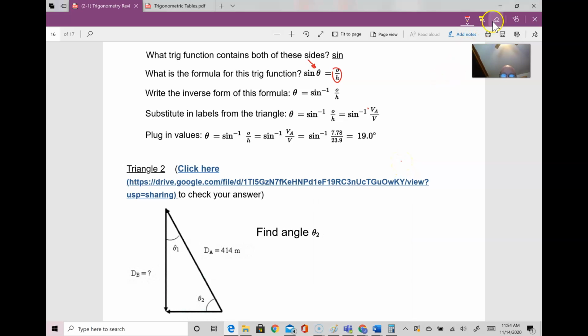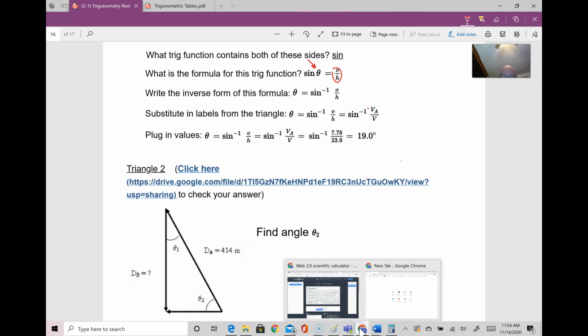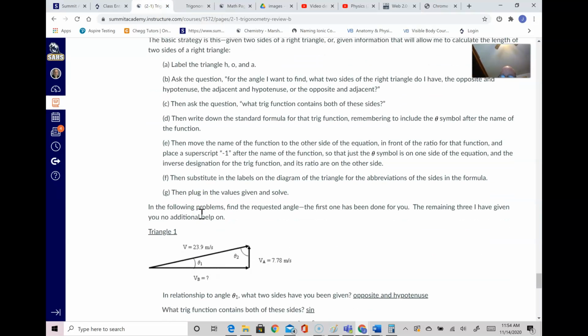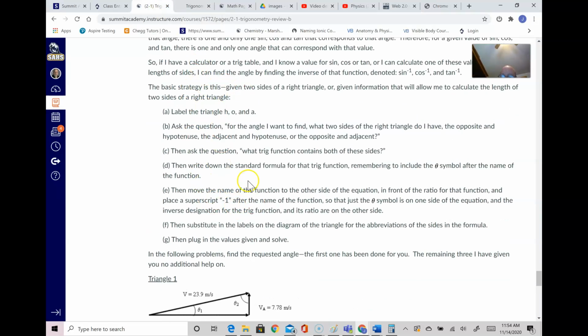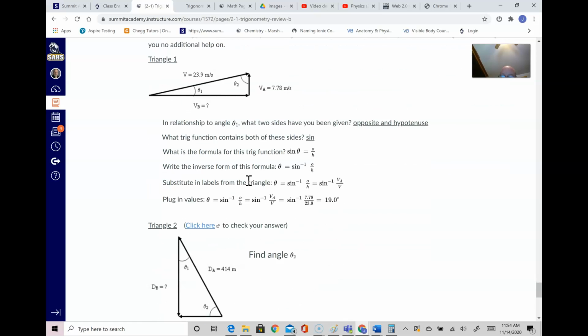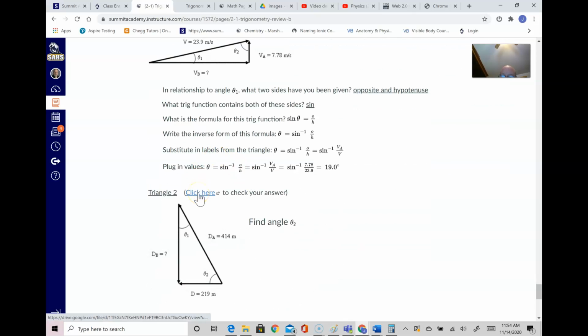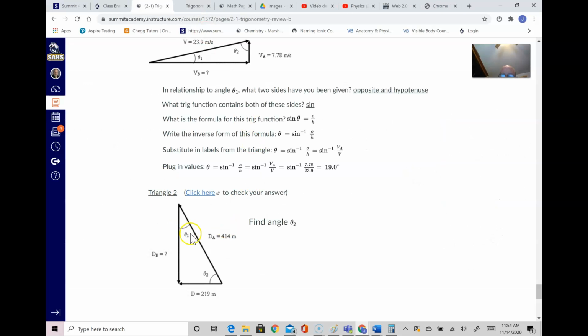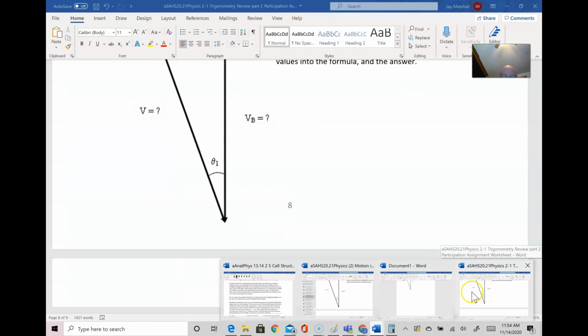Did I close that? No, I didn't close it. Never mind. So you can go to the Canvas page, and there's the strategy written out for you again. Here's that first one that we did, and then here's the one that we're going to do. And so you can see that I've given you the solution for that in the class notes. So let's do this one here, and then the other two you can do on your own.